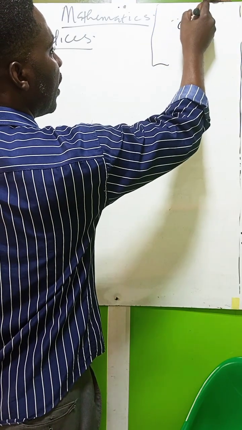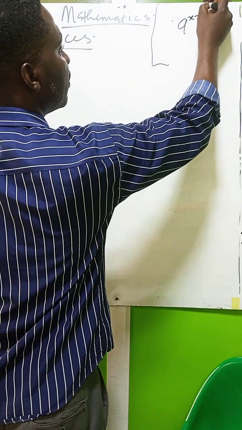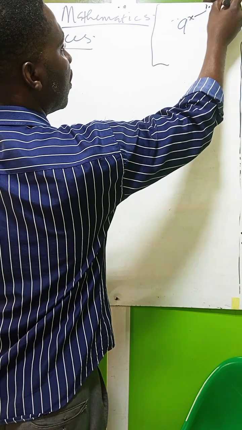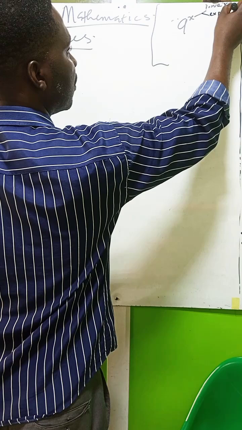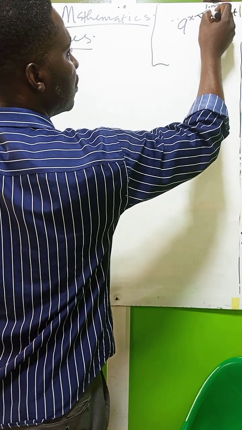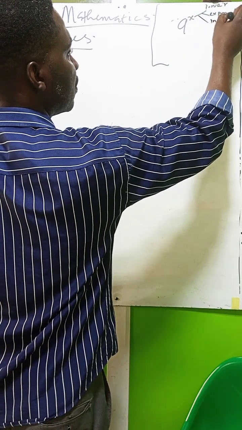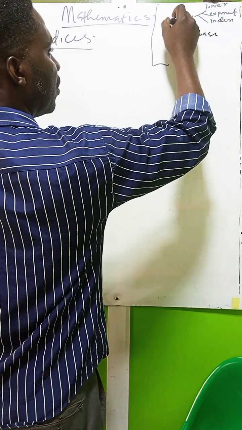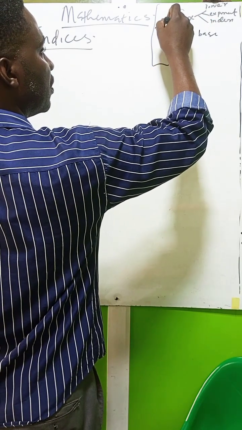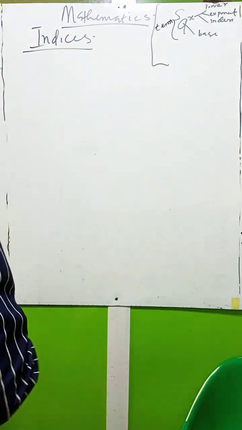A raised to the power x, this is a power, an exponent, or an index. This is a base, and the whole is a term.